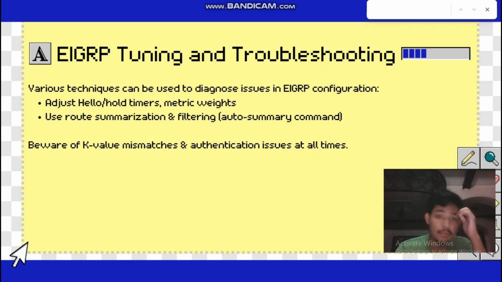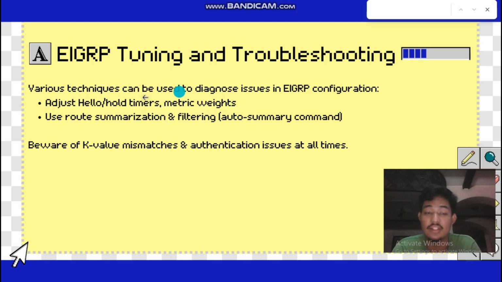Various techniques can be used to diagnose issues in EIGRP configuration. We mentioned hello packets a while ago, but we also have hold timers. And yes, there are also timers for sending of hello packets, and metric weights, which can be calculated with the formula that I provided a while ago. And aside from these, adjusting the timing is like what you do, for example, if you are working with engines, you adjust the timing belt.